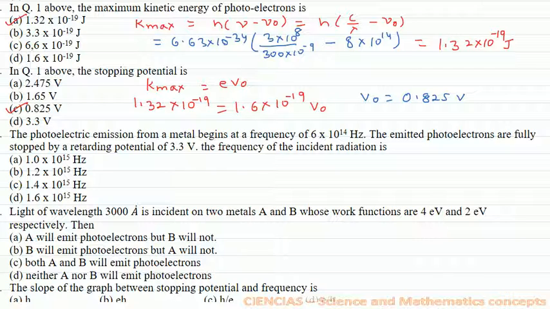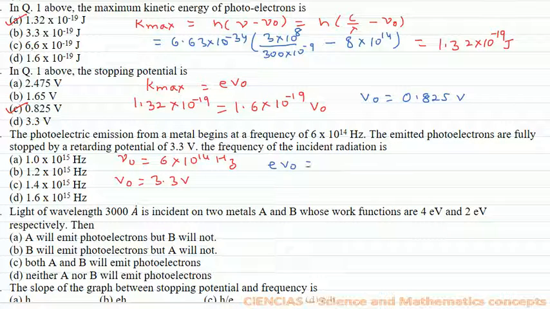It means in this question we are given threshold frequency equal to 6 x 10^14 Hz and stopping potential equal to 3.3 volt. Now we use the formula eV0 = h nu - h nu 0.